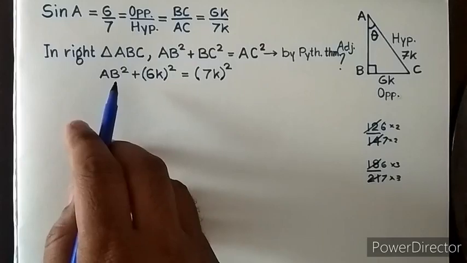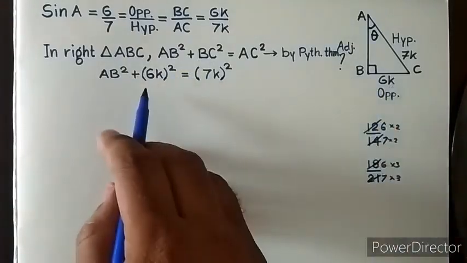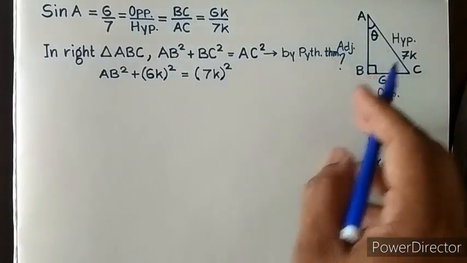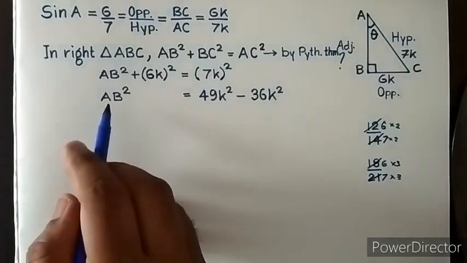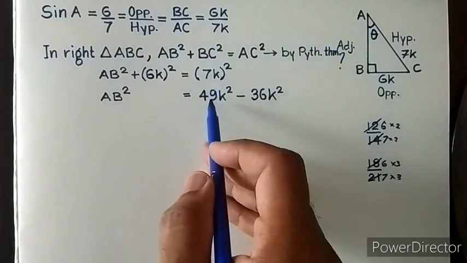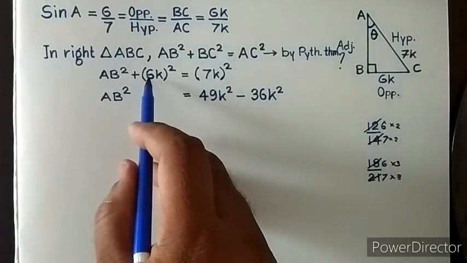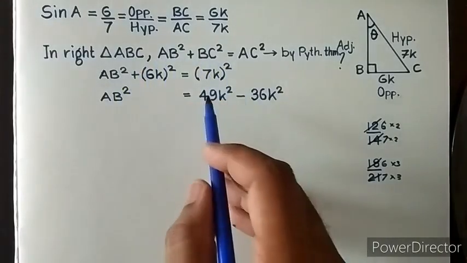Now let's put the values. So AB square plus your BC is 6K, so (6K) the whole square, equals AC is 7K, so (7K) the whole square. So AB square equals, your 7 square is 49K square, and 6 square is 36, so 36K square. This is taken to the other side.